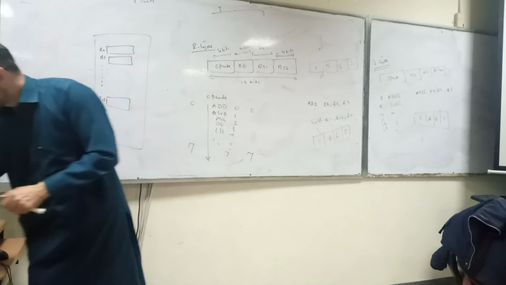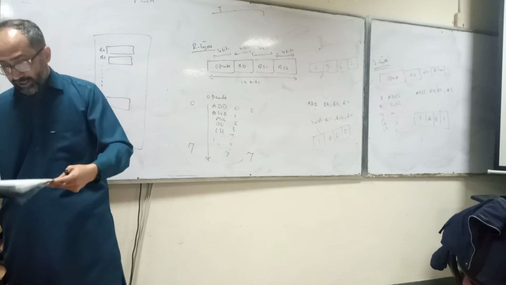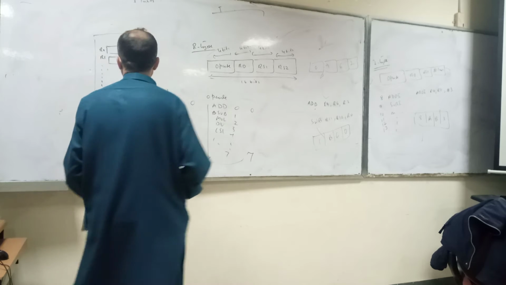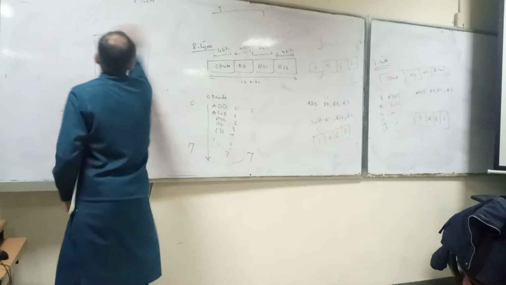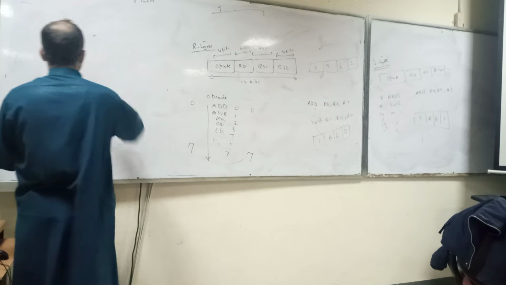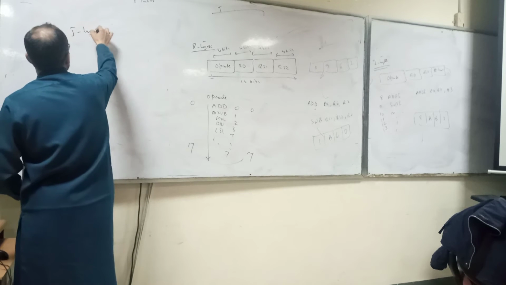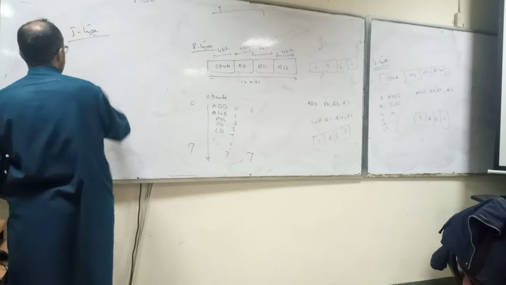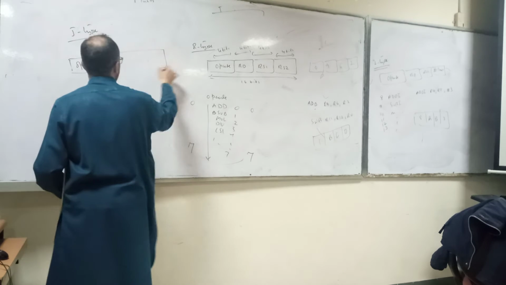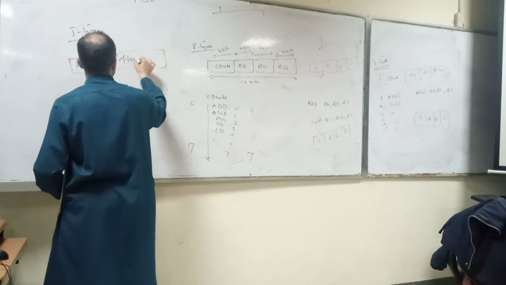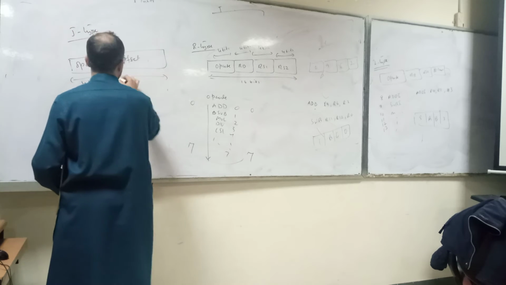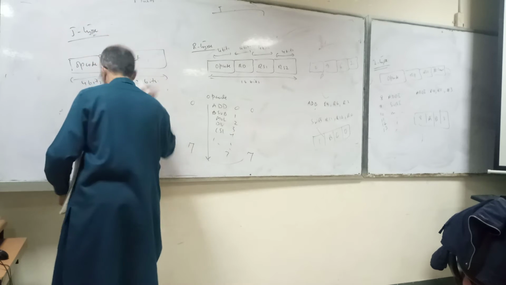Now, another type of instruction, J type. In the J type instruction, we have an opcode and then we have an offset field. The opcode is of course 4 bits and the offset field is now 12 bits.